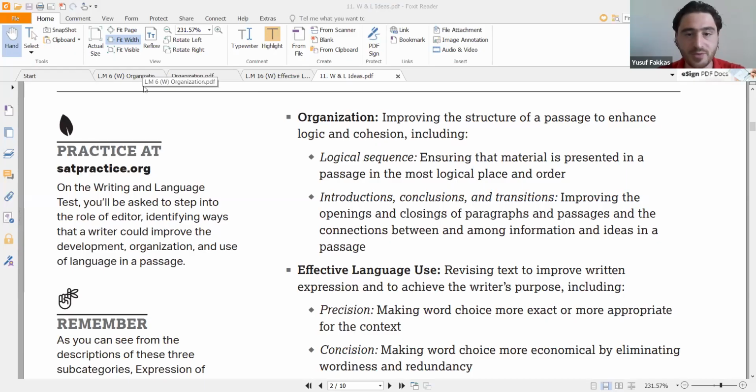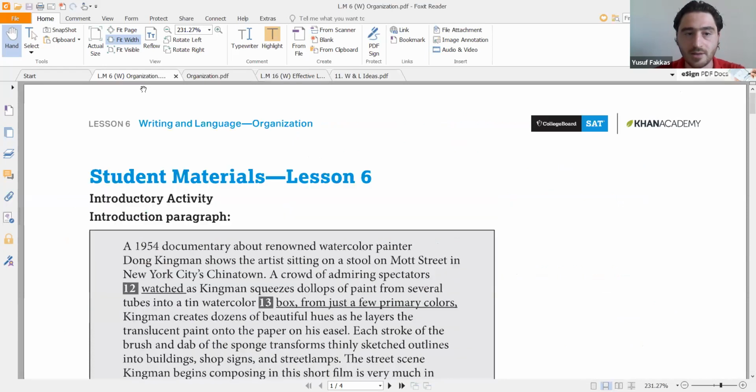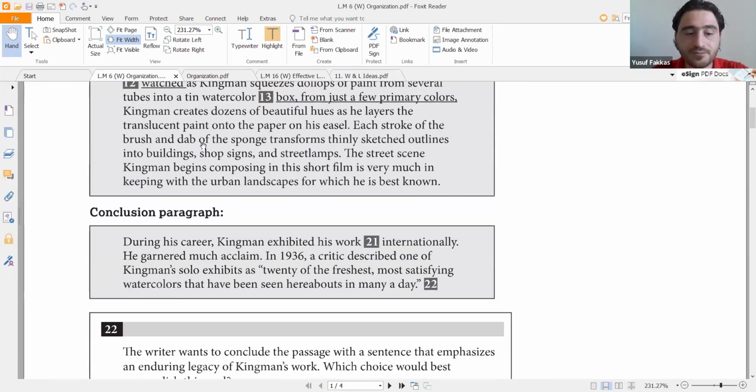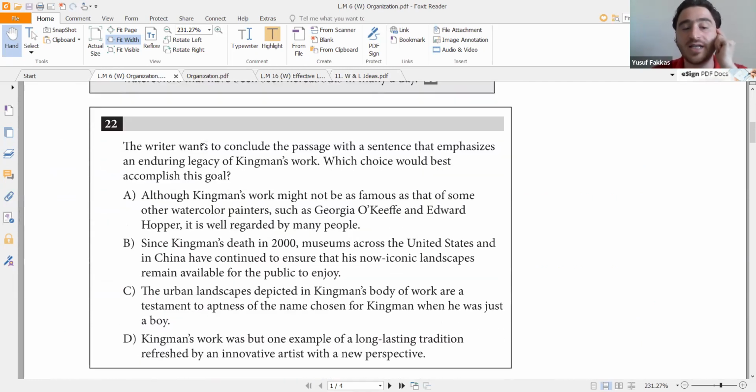Let's get to practice. I already sent you on the group this document. The document is called LM6 organization. All right, the first question here we have, actually, as you can see, it's about the conclusion. All right, and what did we agree? The question will tell you what to do. You just need to read carefully, highlight the keywords.